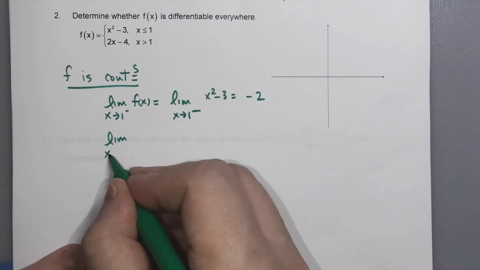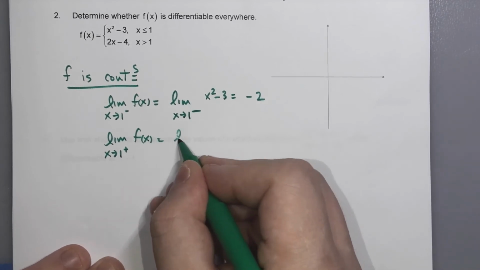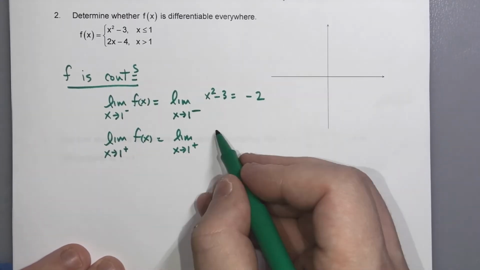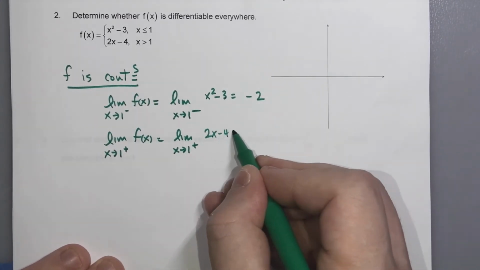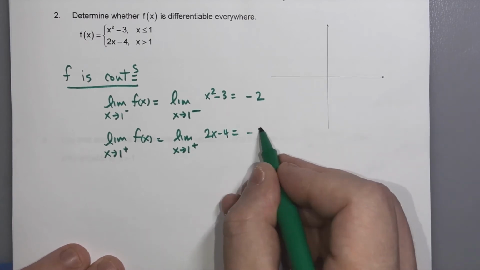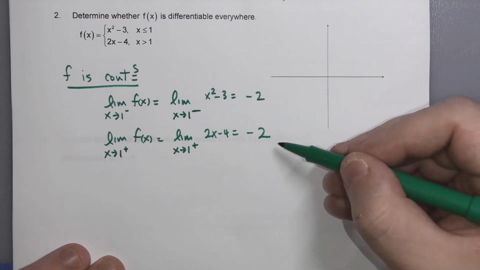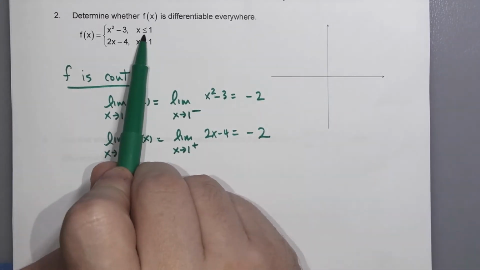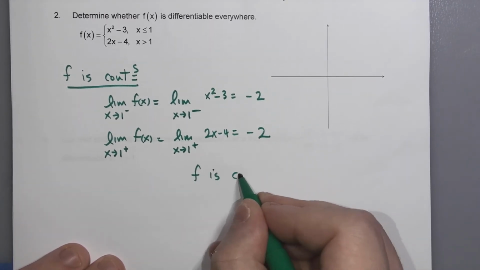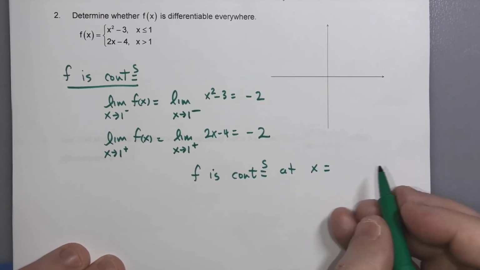On the other hand, the limit as x approaches 1 from the right, we will be coming in on the other branch, which is the 2x minus 4 branch. And if I plug in 1, I get 2 times 1 is 2, 2 minus 4 is -2. So since the left-hand limit and the right-hand limit are the same, and it's equal to the functional value because of the less than or equal to, that means f is continuous at x equals 1.